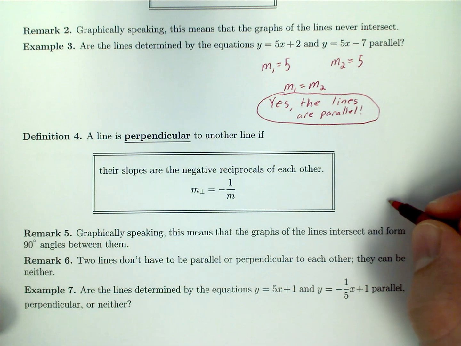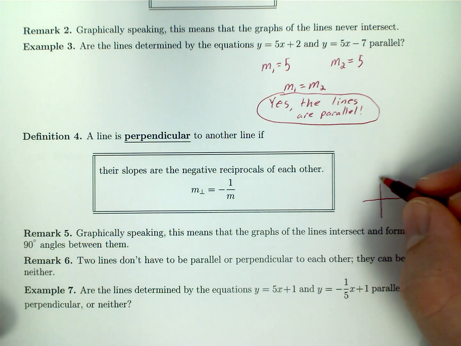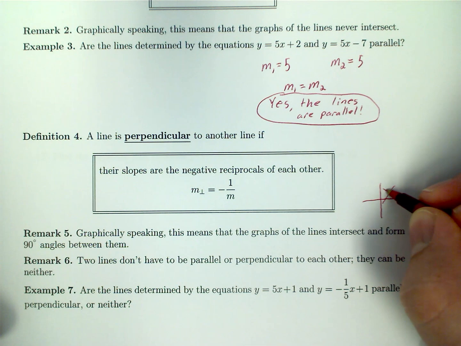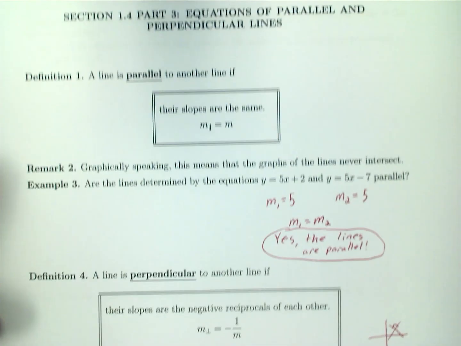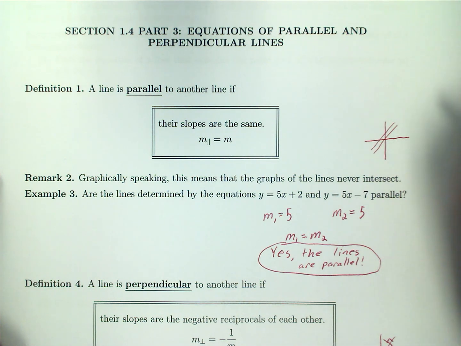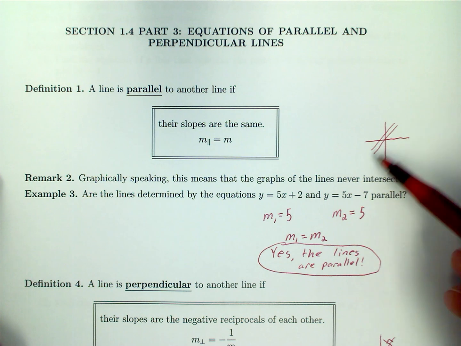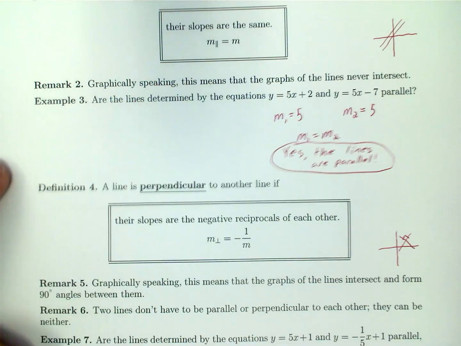So the two lines might look something like this, and where they intersect, there's a 90-degree angle between them. For parallel lines, it would look something like this: two lines that go on next to each other forever and ever, but never intersect.